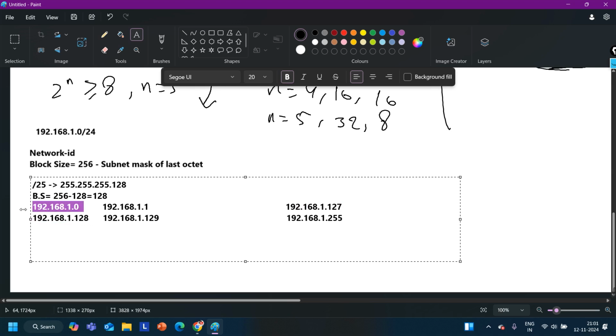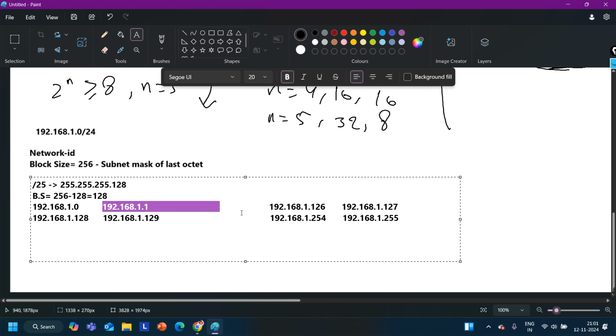We cannot configure these four IP addresses. The first usable IP address from the first subnet is this one, and the last usable IP address from this subnet is 192.168.1.126, and the last usable IP address from the second subnet is 192.168.1.254. These are usable IP addresses, right? So you can see the total number of IP addresses in one subnet is 128, but the total number of usable IP addresses is 126 in each subnet, right?